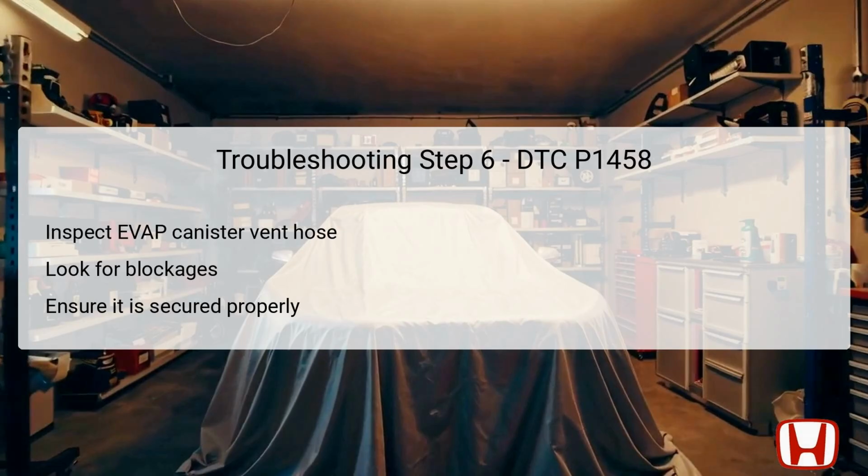The vent hose must also be securely connected, as loose fittings can disrupt normal operations. By thoroughly examining this component, technicians can be more confident in diagnosing and resolving the P1458 trouble code. Following these rigorous steps is fundamental for the vehicle's optimal performance.